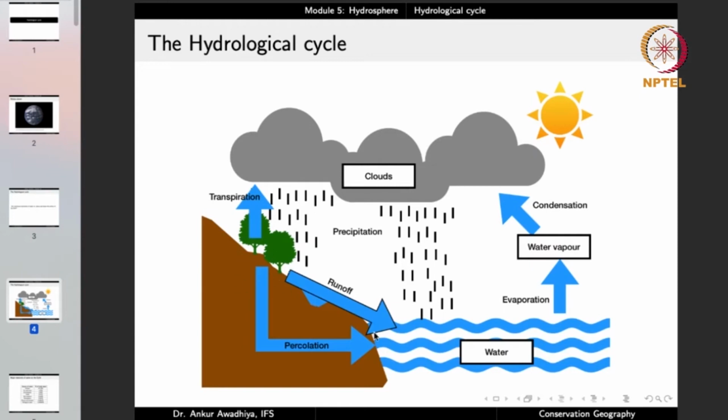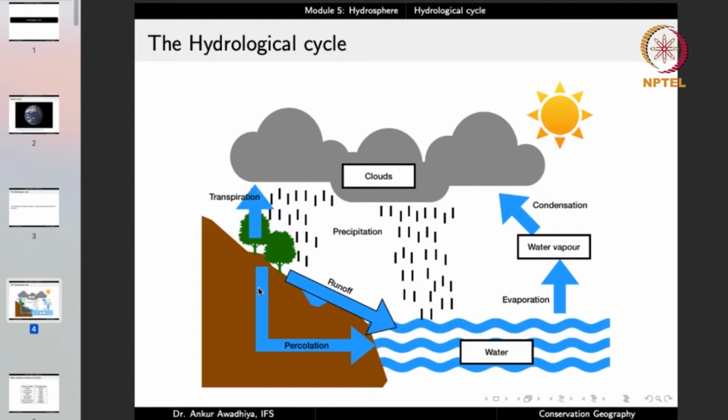This water movement is known as runoff. Some portion of water will run off to the oceans and the seas. Some portion may stand accumulated on the earth, and these accumulated bodies are in the form of lakes and ponds.